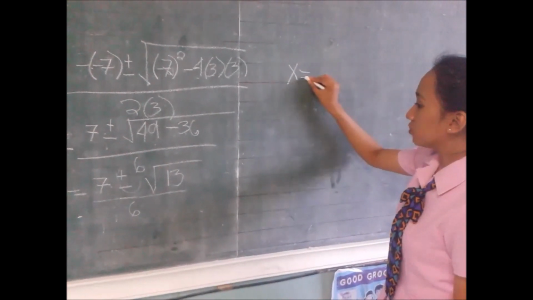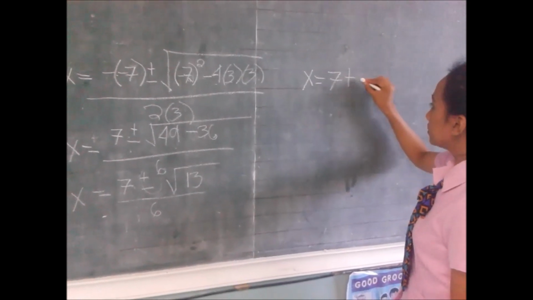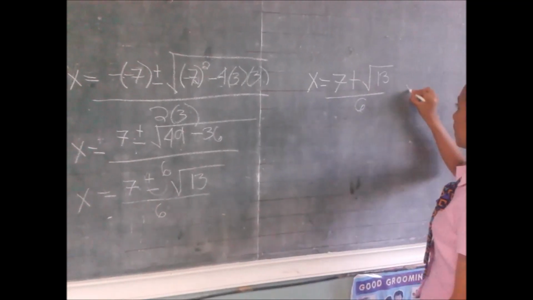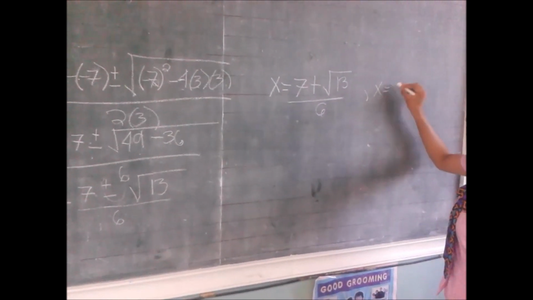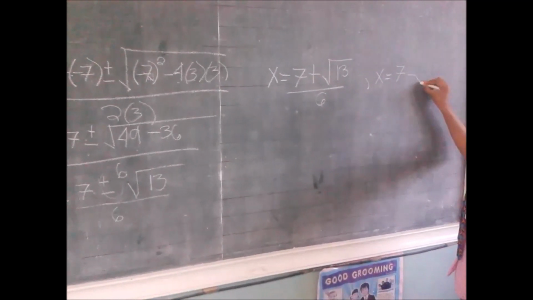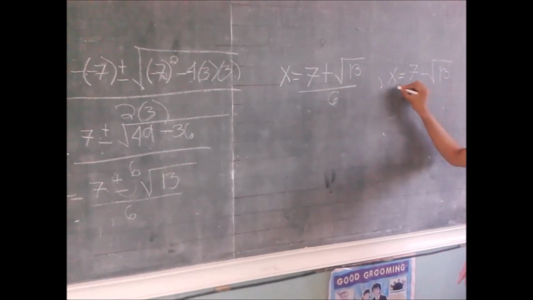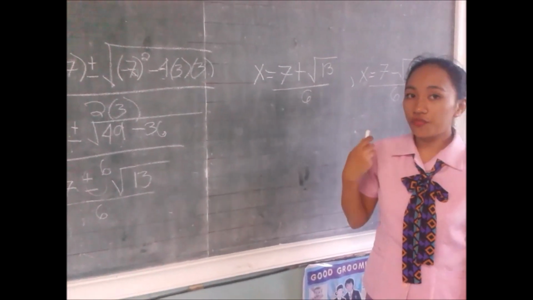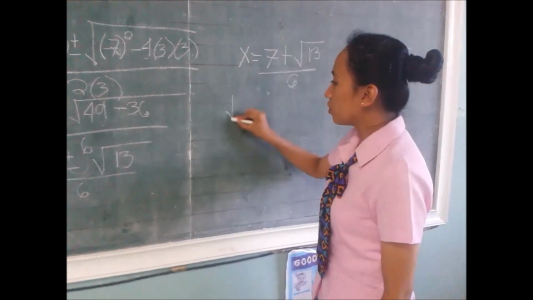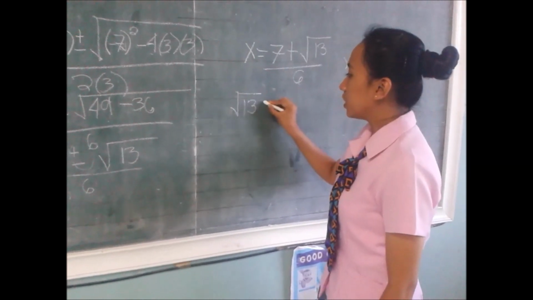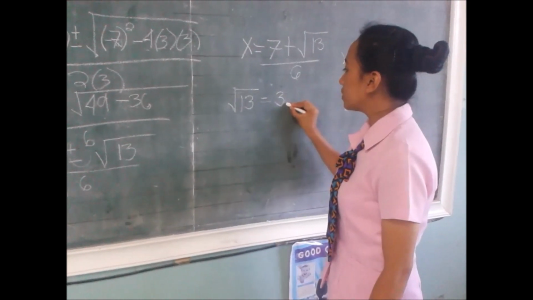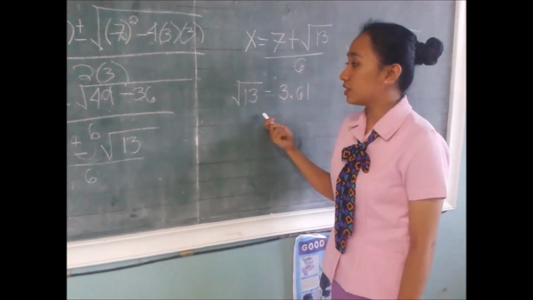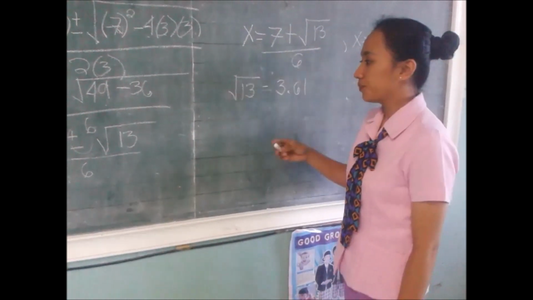X is equal to 7 plus square root of 13 all over 6 and x is equal to 7 minus square root of 13 all over 6. We now solve the first value of x. Since the square root of 13 is equal to 3.61, let us now substitute this value of the square root of 13 to this equation.